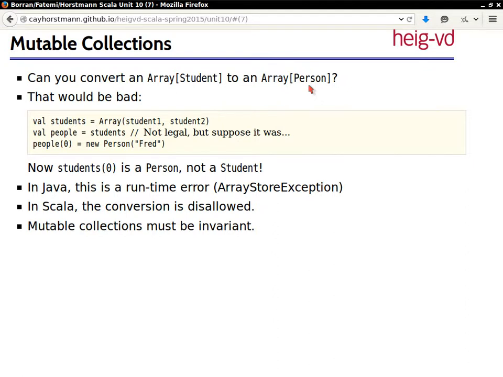Now, you would think that when someone reads through an array of person, and all they find in it is students, what's the harm? They're only expecting people. But the problem is, that's the reading part. What if you have stores? So look at this code here. We have students, an array made out of these two students. Now we convert it to people, which is an array of person.